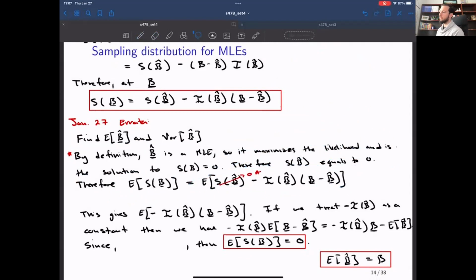What I'm doing here is taking the expected value of the equation in the red box above the January 27th note. And I'm saying, okay, since S of beta hat is equal to 0, the expected value of S of beta is equal to the expected value of the negative information function times beta minus beta hat.